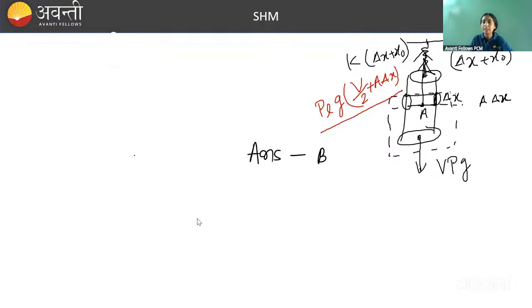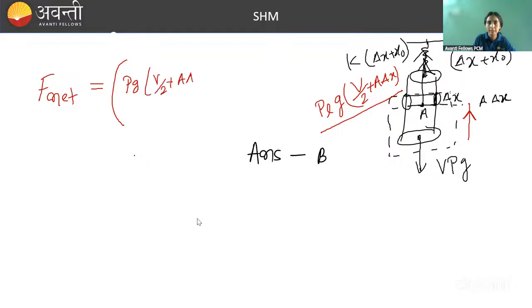Now, if you are displacing it in the downward direction, if it is performing SHM, the net force will act in this sense. So basically, the upward force is greater than the downward force. So let's subtract it. अब क्या करोगे आप? सिंपल है, F net आप लिख दो, क्योंकि here net force is not zero. It is not the equilibrium case. We have disturbed it from the equilibrium. अब आप F net को लिख डालो. अगर आप F net यहाँ पे लिखते हो, what you will write: upward force को ऐड करो, rho L g (V by 2 plus A delta x).